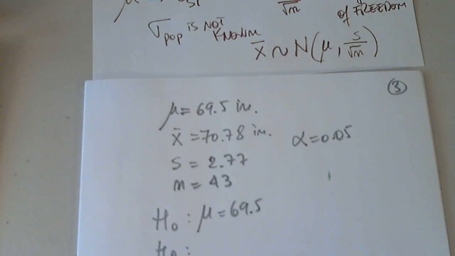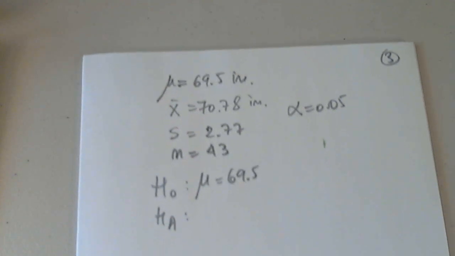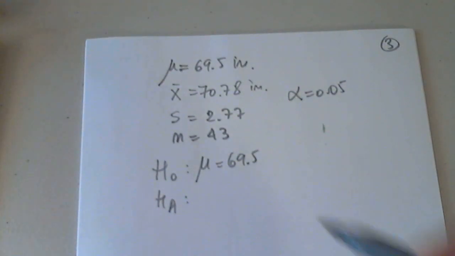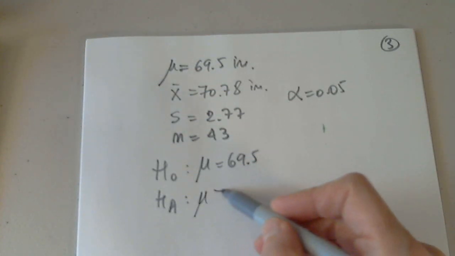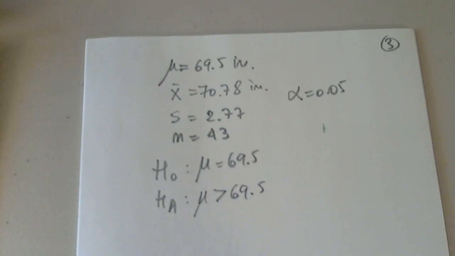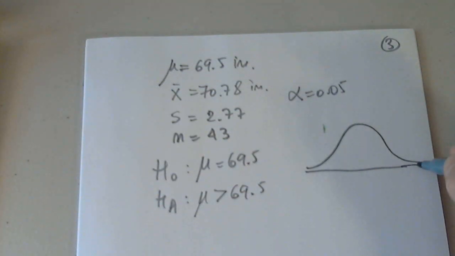Can anyone give us the alternative hypothesis here? That it's greater than 69.5. Very good. Immediately I draw my picture.